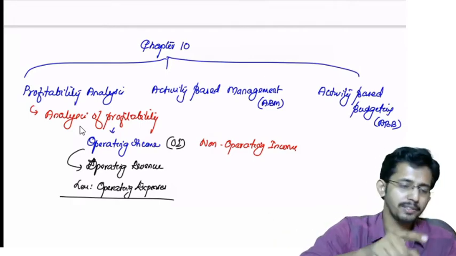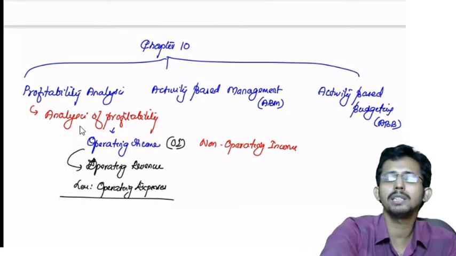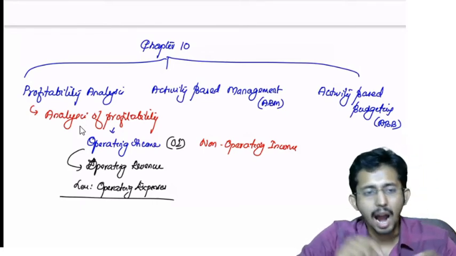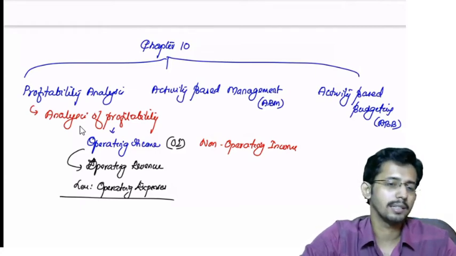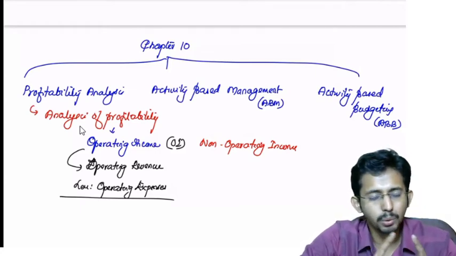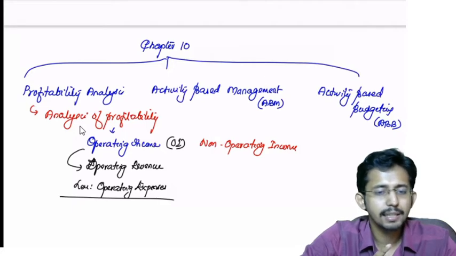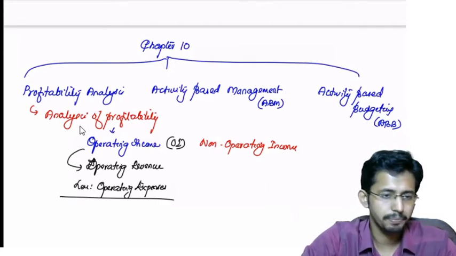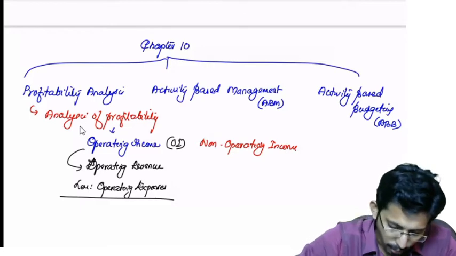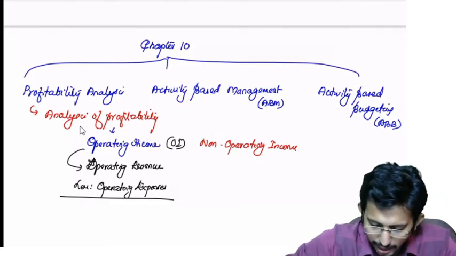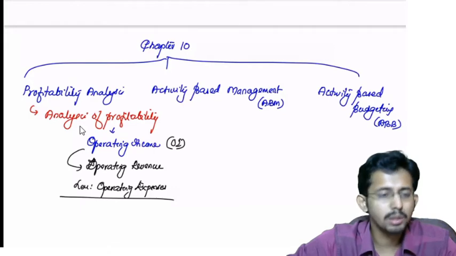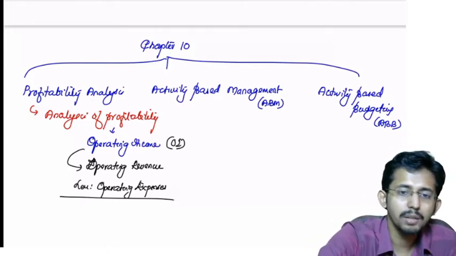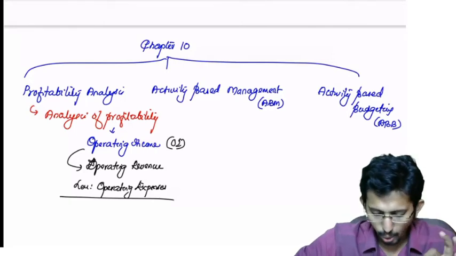Of course, if that investment is your main objective or main operation, then you can apply costing techniques to that. Except in that situation, you can't apply any costing technique or costing method for such incomes. Is it clear? So, while doing the profitability analysis, we are not concerned about non-operating income or non-operating expenses. Or rather, we are concerned only about the operating income.